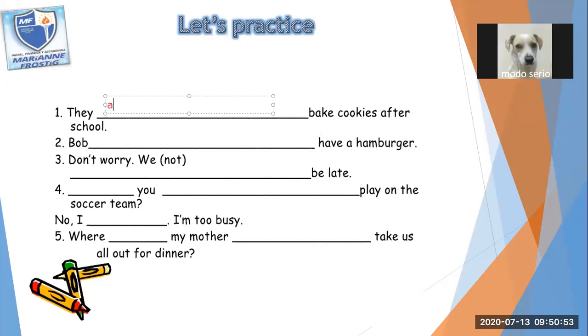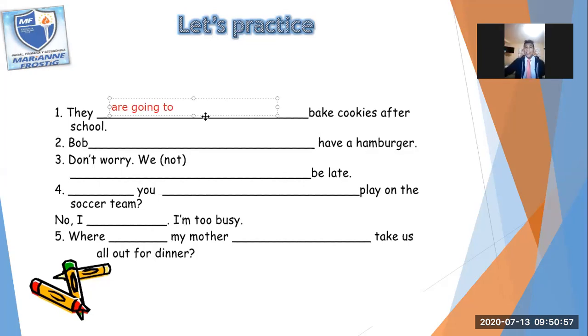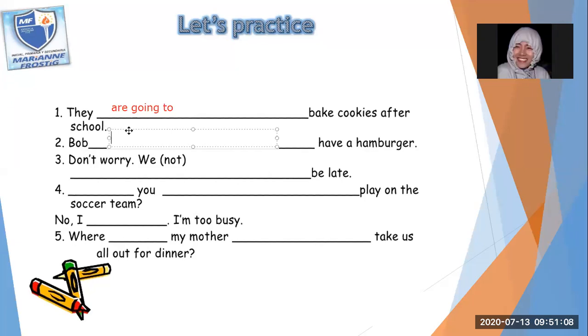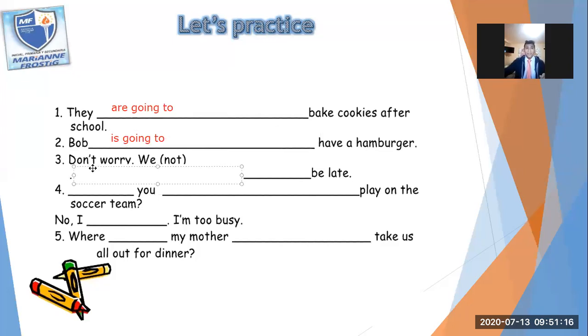They are going to bake cookies after school. Very good, they are going to bake cookies, perfect. Number 2, please, volunteer. Help me in number 2, please. Very good, Wendy. Bob is going to have a hamburger. Going to have a hamburger, perfect. Number 3, please. Volunteer to help me in number 3.